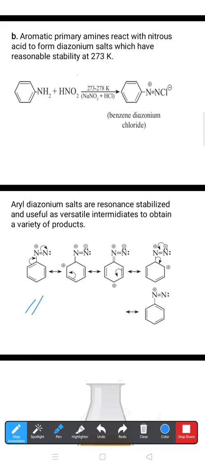You know, sigma bonds are stronger bonds and pi bonds are weaker bonds. So which will delocalize electrons easily? Of course, pi bond electrons are delocalized easily. That's why these pi electrons are easily shifted toward the neighboring electron withdrawing group or atom. On that basis, we have to learn the stability of the aryl diazonium salt.